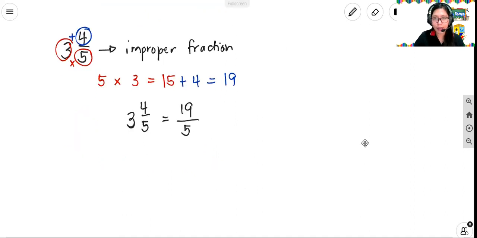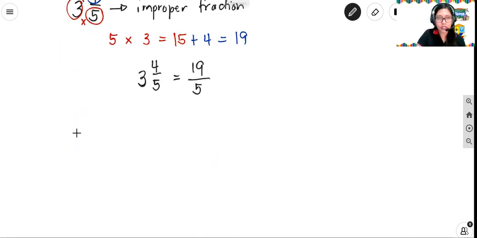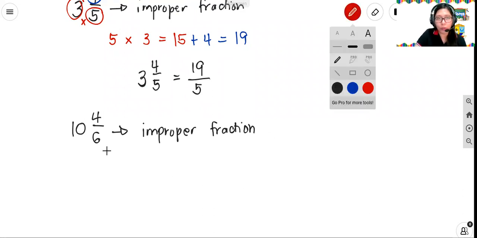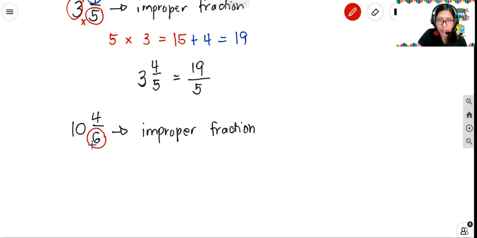Let's have another example. Let's have 10 and 4 over 6. We will express that in improper fraction. Again, the first step is to multiply the denominator and the whole number. So 6 times 10, and that is equal to 60.